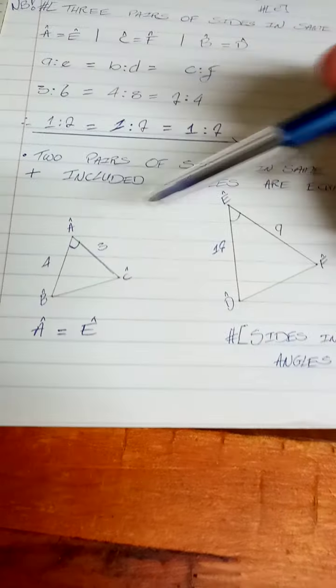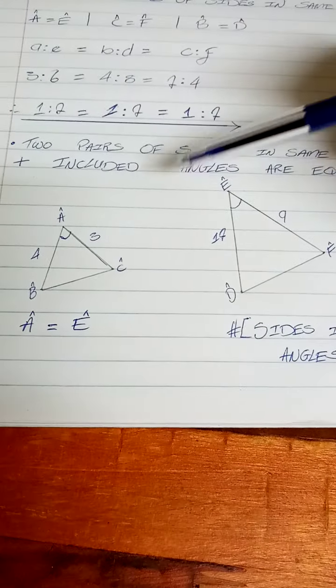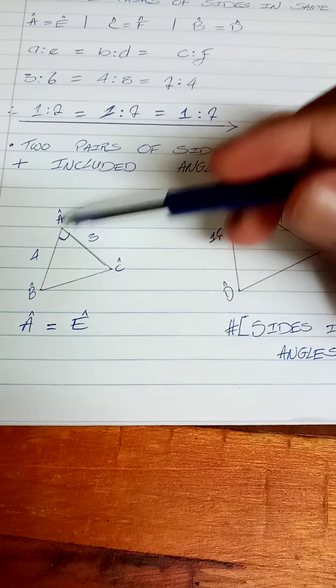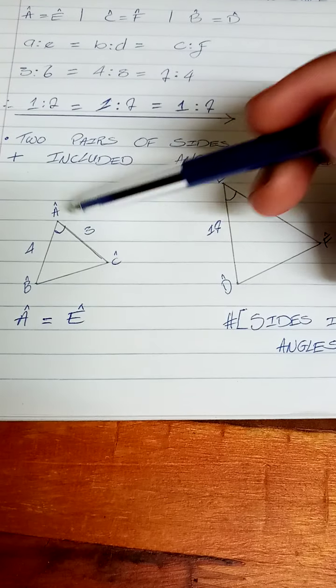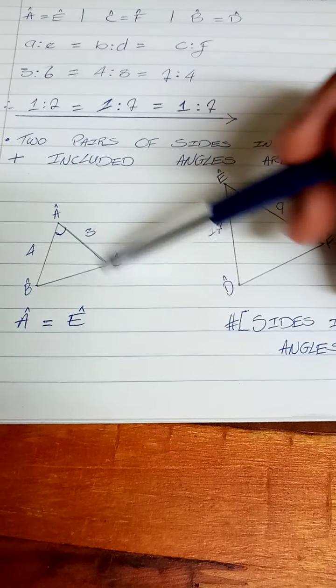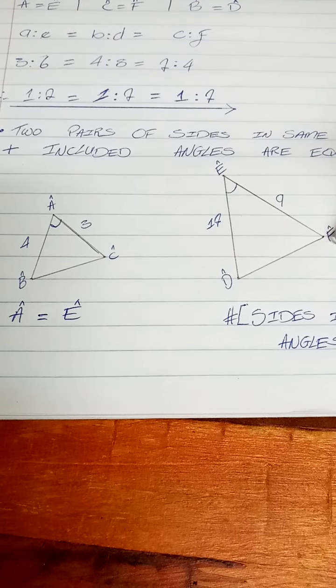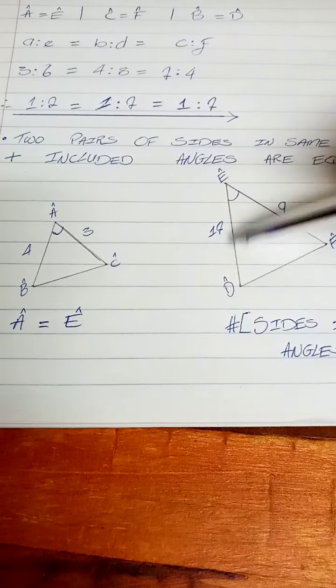So basically the ratio has to be determined by looking at this side right here from A to B and then A to C, this is where the angle is in between. So basically the ratio has to be like this, considering the angle which is in between.